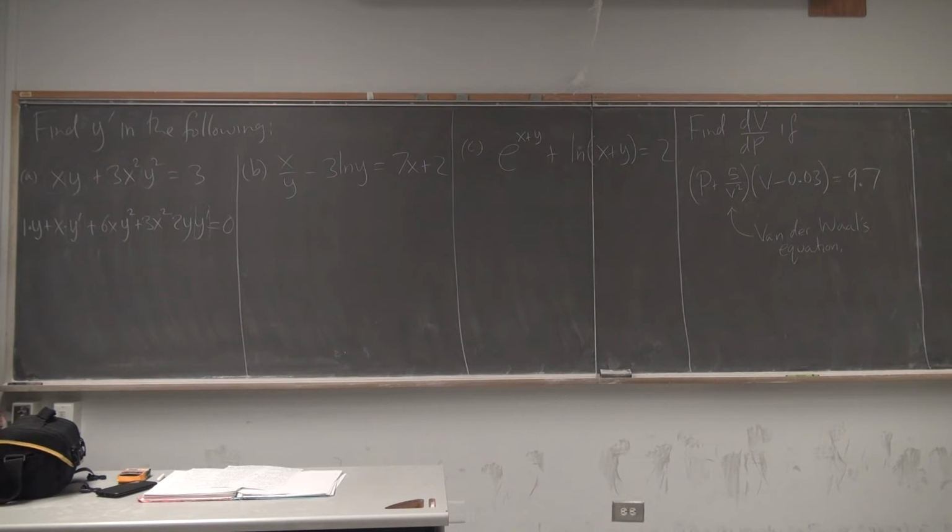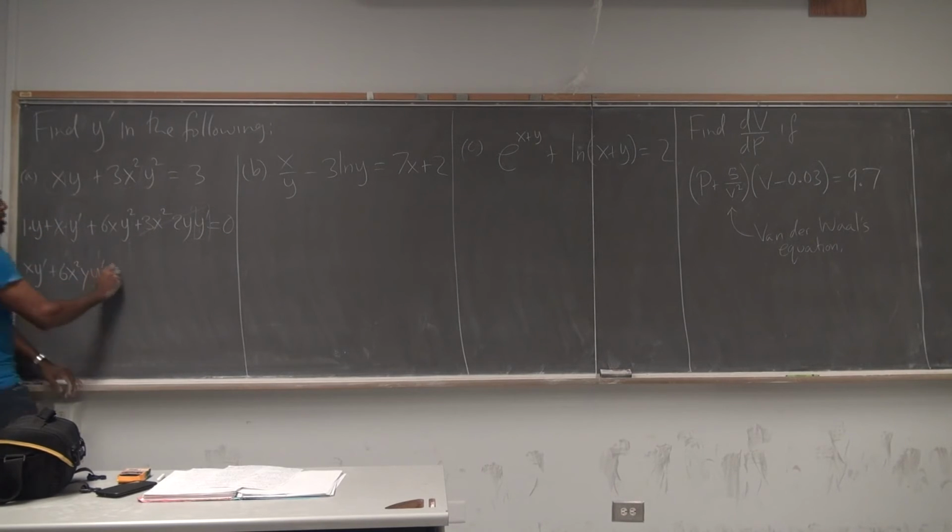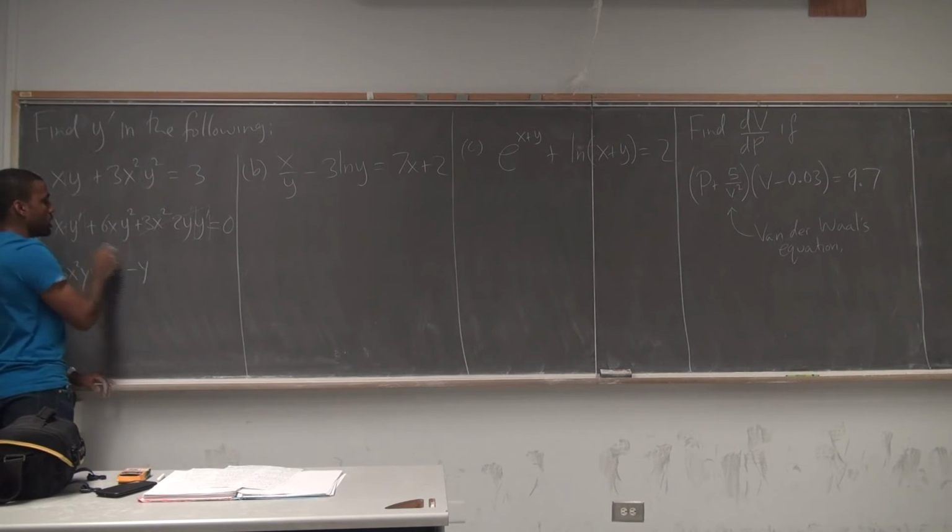You isolate it. So everything that has it, you leave on one side. Everything that doesn't have it, put on the other side. So here I have this x y prime. Let's cross it out so I know that I dealt with it already. Here I'm going to have a 6x squared y y prime. Let's cross that out so I don't deal with it again. So this y, move to the other side, get minus y. This 6xy squared, move to the other side.